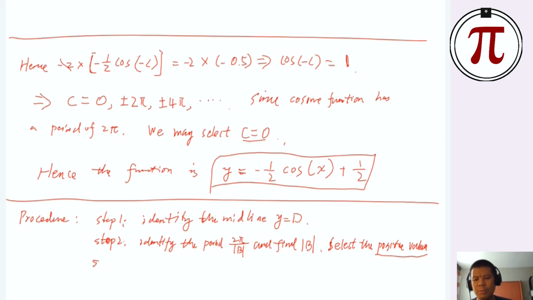We may just select the positive one in the future. Then step 3 is to identify the amplitude.